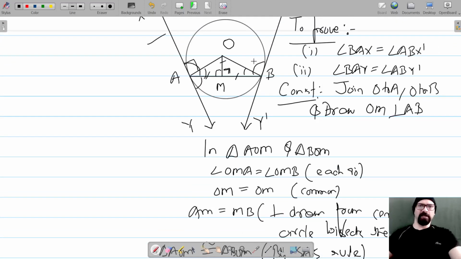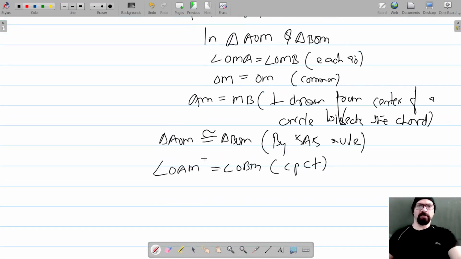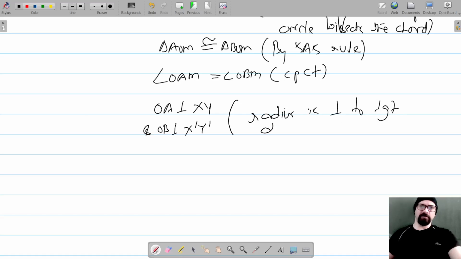Let this be our result 1. Now, this angle is 90 degrees and this is 90 degrees because OA is perpendicular to XY, and OB is perpendicular to X'Y'. The reason being, the radius is perpendicular to the tangent at the point of contact.